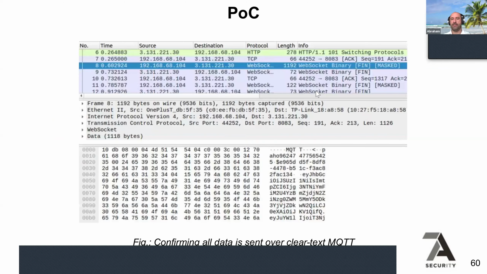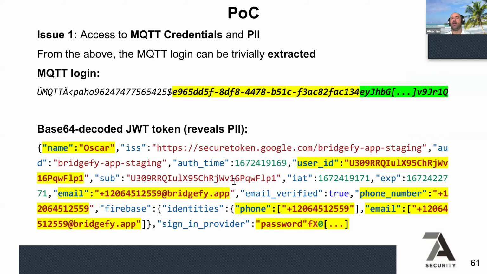Then looking at the PCAP, we can intercept the traffic, and there's some base64 encoded stuff that we can decode and basically read, right? So we can base64 decode the JWT token sent over clear text, so we can see the name of the user, the email, the phone number, the password, and other stuff, right?